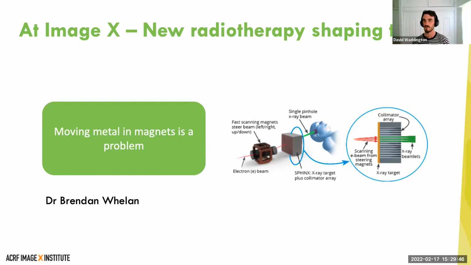And it turns out moving lots of metal in a magnetic field is not always the best idea. And so Brendan has this thing that I like to think of as an old school cathode ray television that he calls the Sphinx, that instead of moving metal to reshape a radio beam, actually uses a collimator and this electron gun to steer.